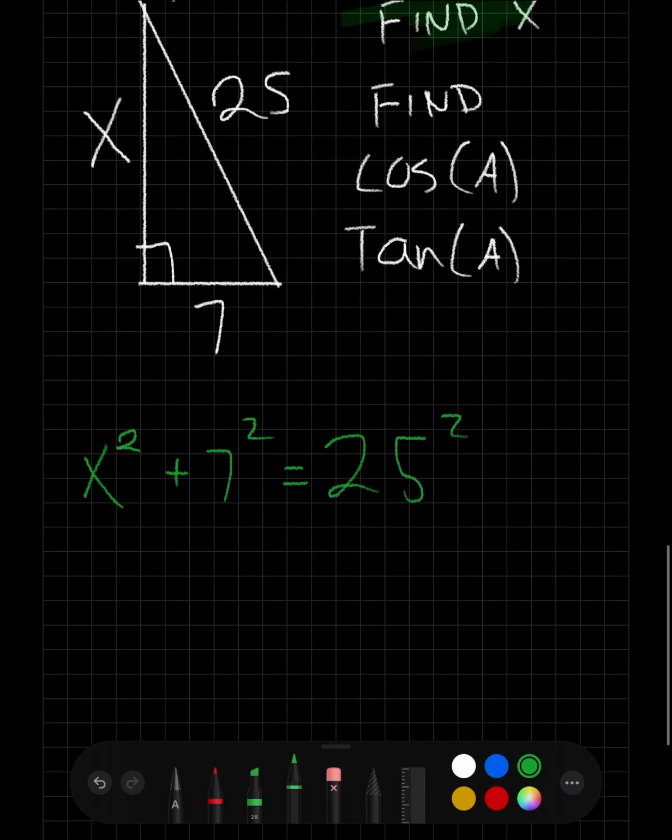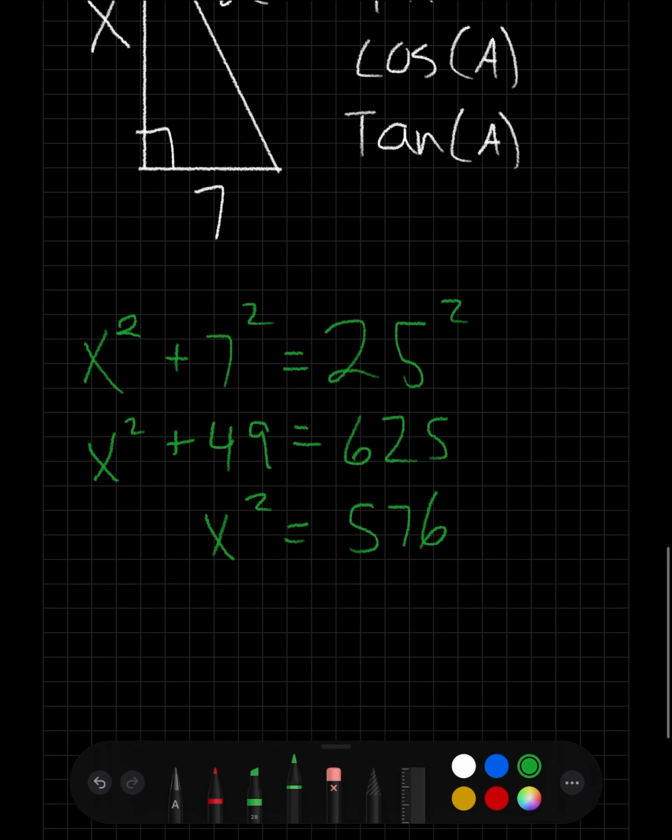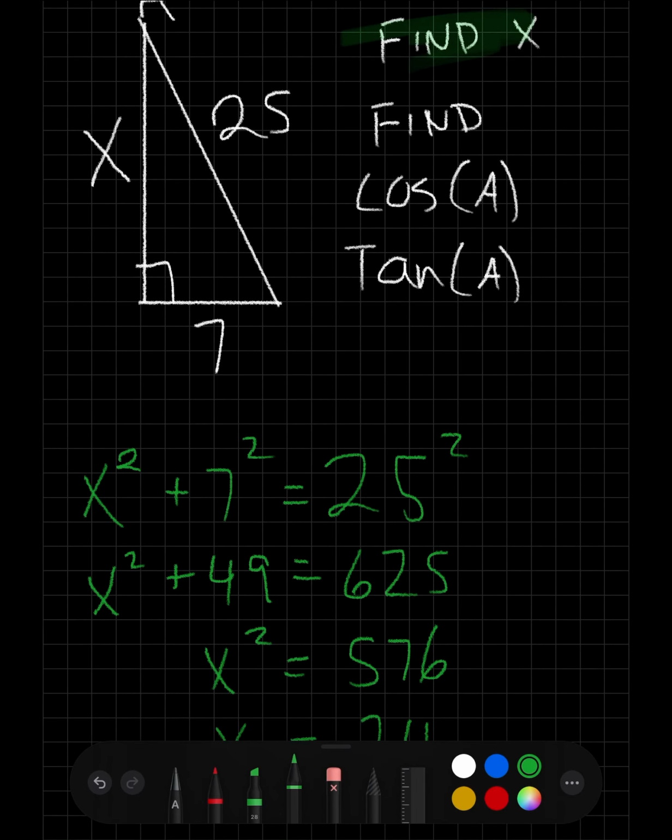All right, here's what I've got. x squared plus 49 is equal to 625. And then I subtract 49 from each side and I get x squared is equal to 576. And when I take the square root of each side, I get x is equal to 24. So now I know this length over here is actually 24.